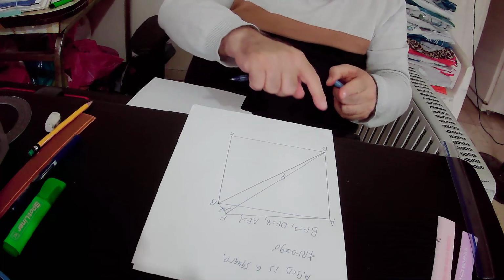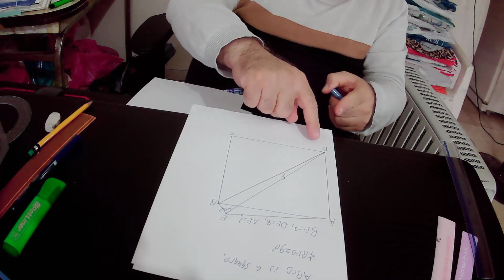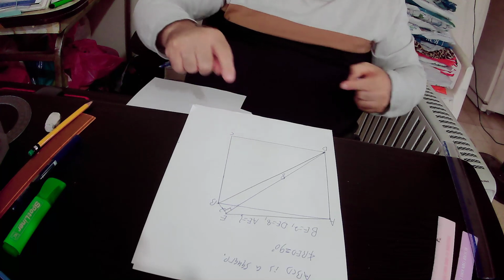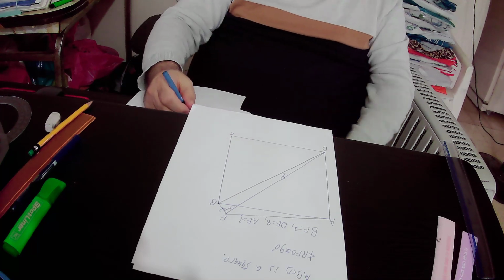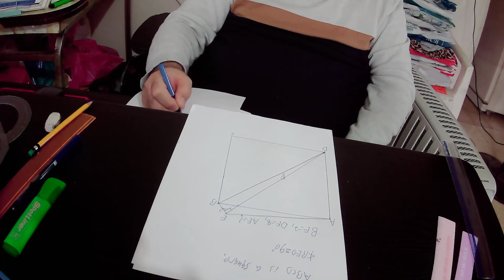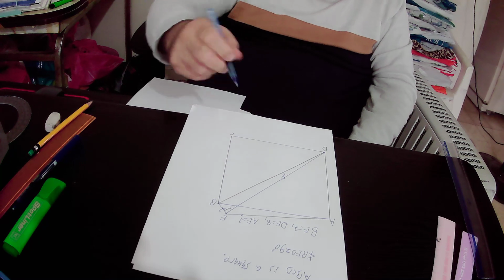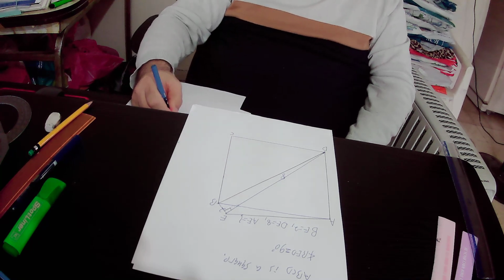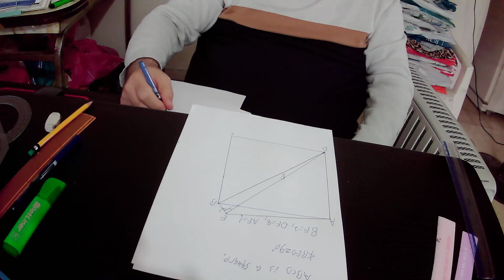The hypotenuse is side DB of the right triangle. So DB squared, the square of the hypotenuse, equals the sum of the squares of the perpendiculars, EB squared plus DE squared.